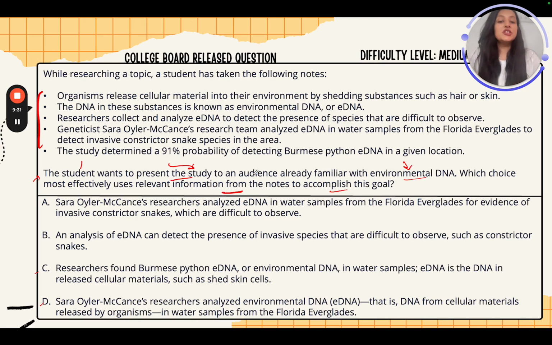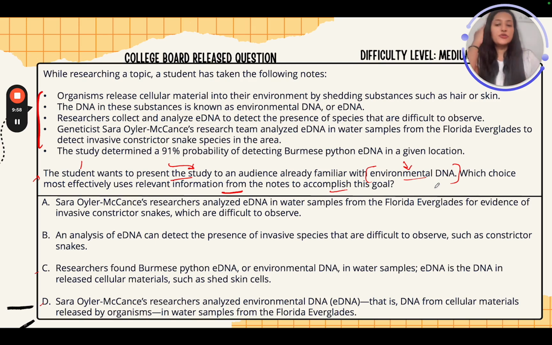And because you're presenting this to an audience who's already familiar with environmental DNA, the right option should not tell us what environmental DNA does in general, right? So we don't want to introduce environmental DNA to the audience because they're already familiar with it. Remember this, right? So any option that is either not presenting the study or giving a definition about environmental DNA can be eliminated.